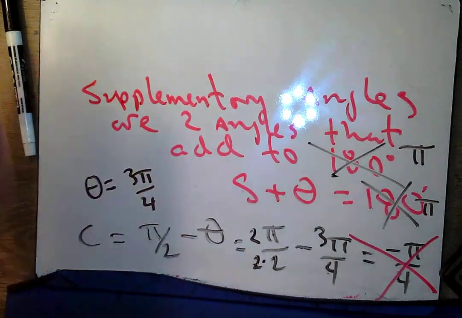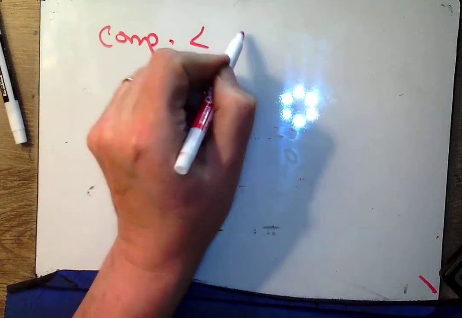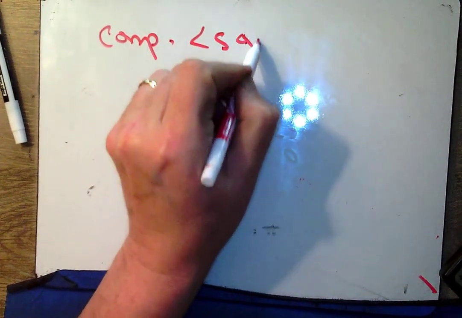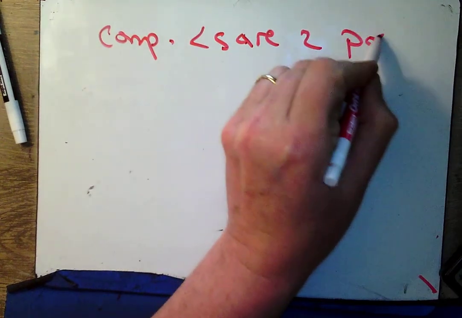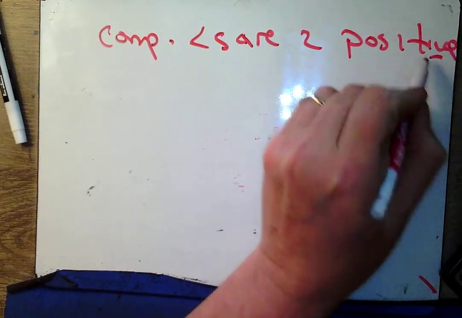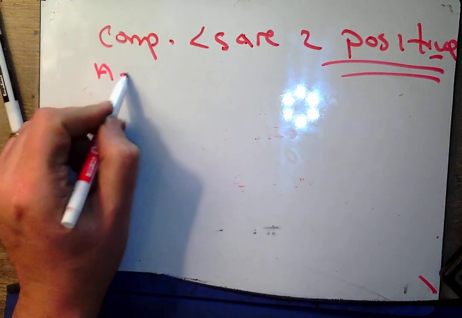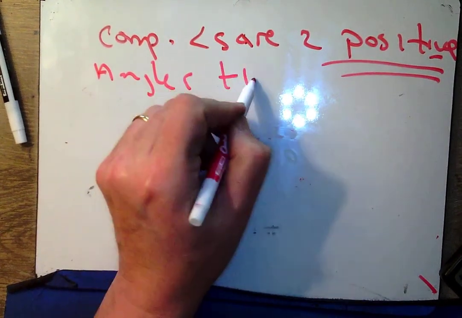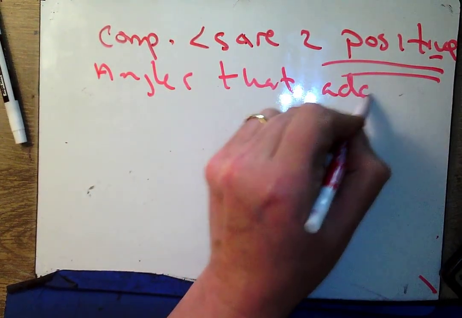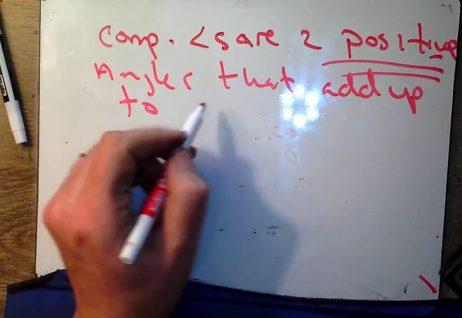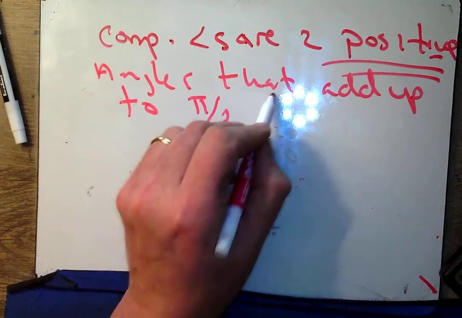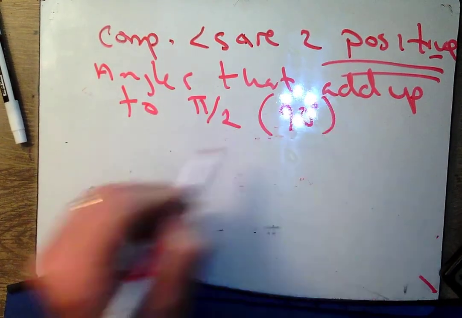So let's go back to these definitions and say that complementary angles are 2 positive angles that add up to pi over 2, or if you must, 90 degrees.